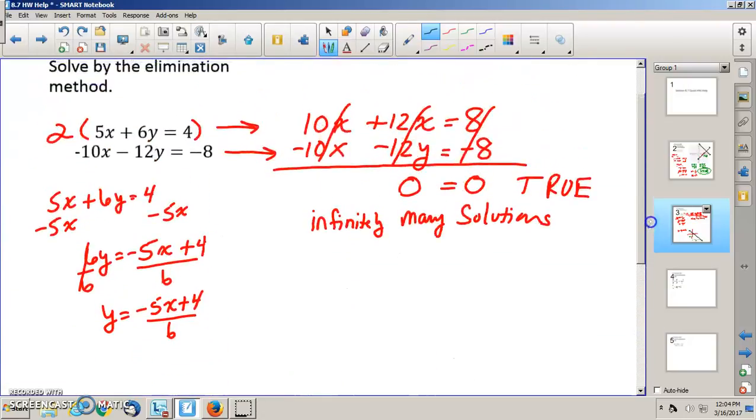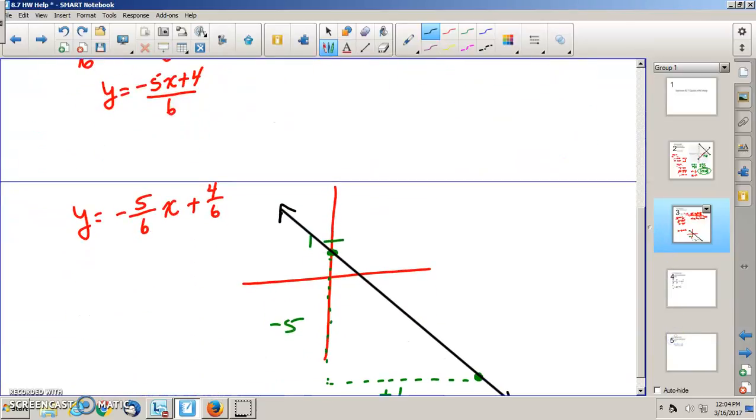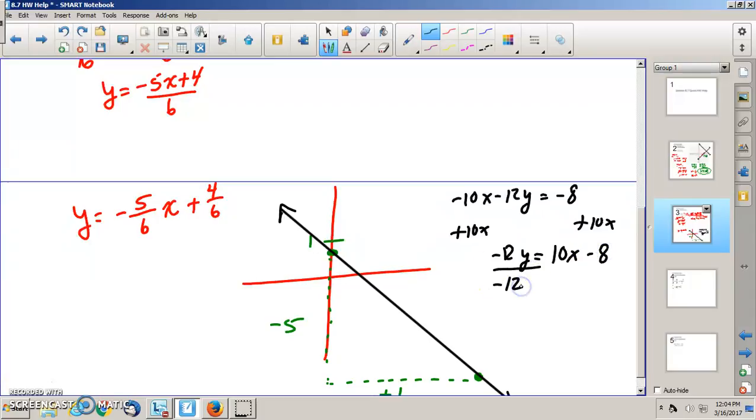If you take the other equation, which is negative 10x minus 12y equals negative 8, and you were to solve this for y, so plus 10x, negative 12y equals positive 10x minus 8, divide through by negative 12, you can separate this out.